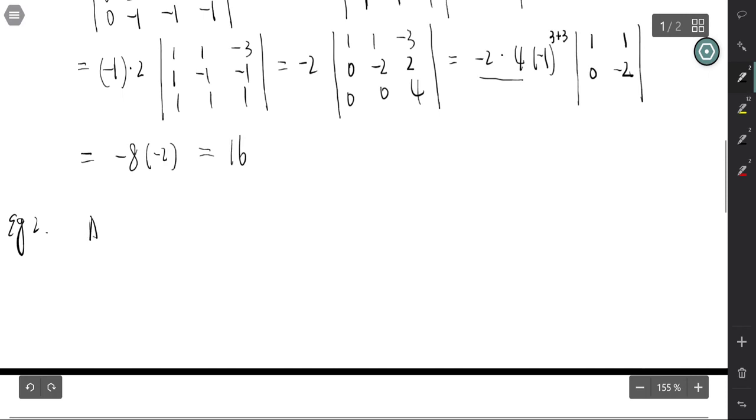The determinant of A, that is 1, 1, 1, 1, 1, -1, 1, 1, 1, 1, -1, 1, 1, 1, 1, -1.